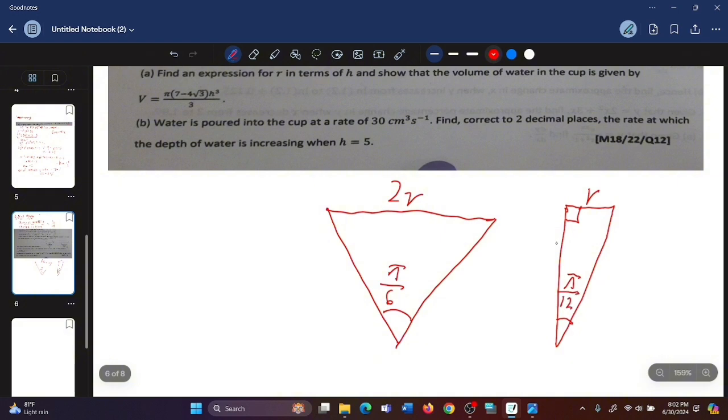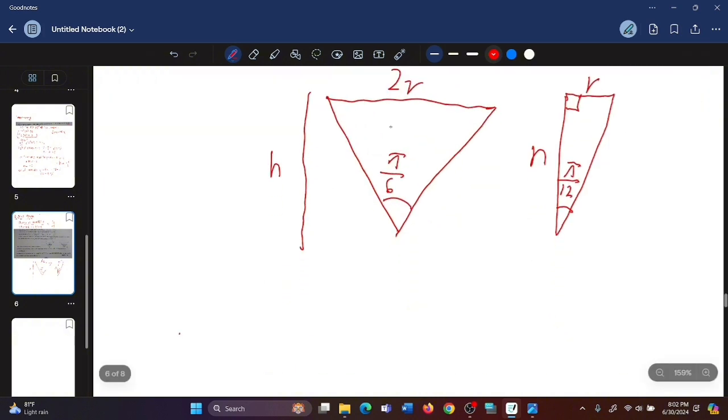Now we can just use trigonometric formulas. One more thing is that this height is h. This length should also be h and this length r. Now we can use the trigonometric formulas to express r in terms of h. So what do we know, the opposite side and the adjacent side. Thus we need to use tan.